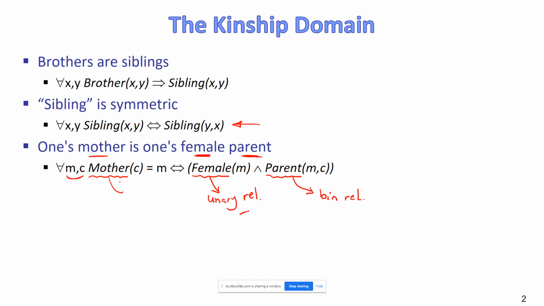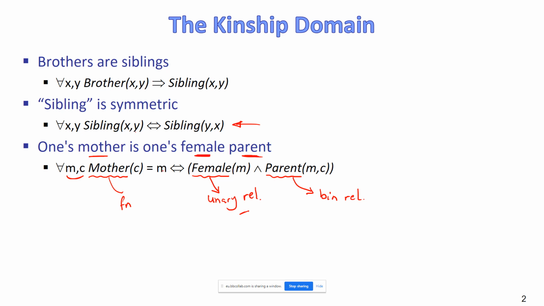Okay, so mother here is a function. Mother of C is a function that refers to an object that represents the mother of C. Now we say that mother of C is M, and we give it another name. Remember from last time we said that a sentence can be term equals term. Term equals term means that both are referring to the same object.